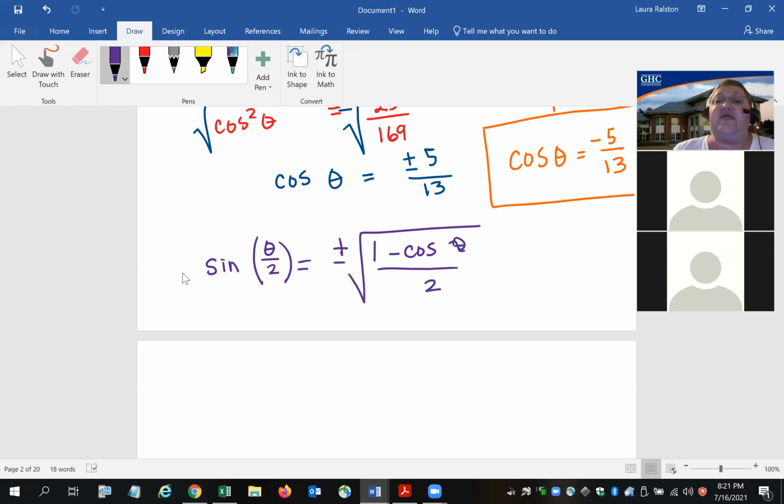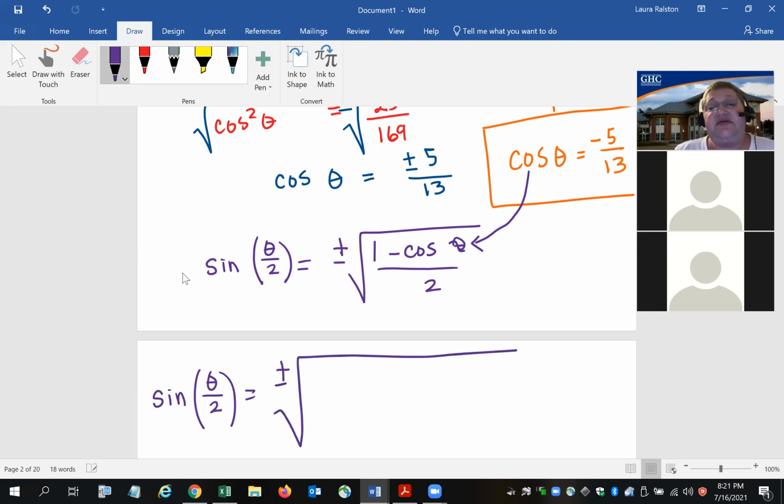So now I know that cosine of theta is negative 5/13, so I can plug and chug. So the sine of theta over 2 is plus or minus the square root of 1 minus negative 5/13, all over 2.